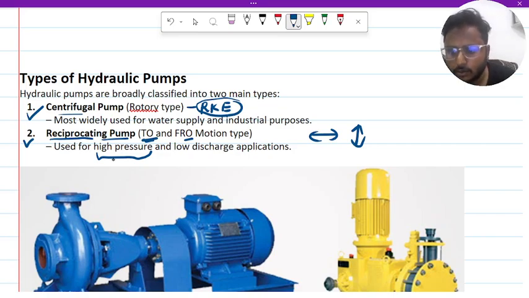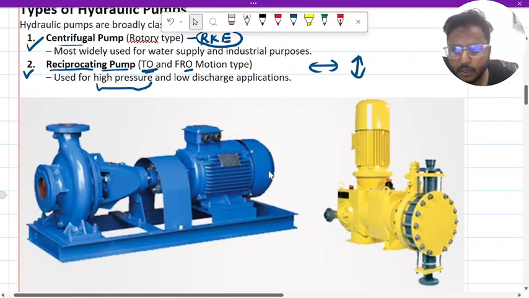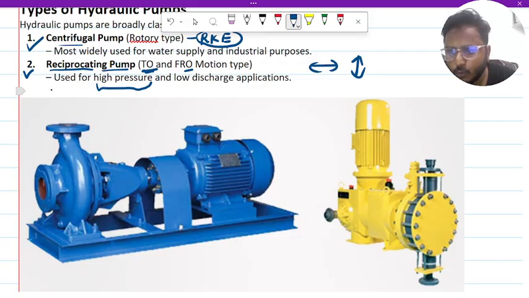In reverse, the centrifugal pump is at a low pressure but high discharge. High discharge means the flow speed of the water is low but the amount of water is high. The real diagram of these two pumps is shown in the figure.